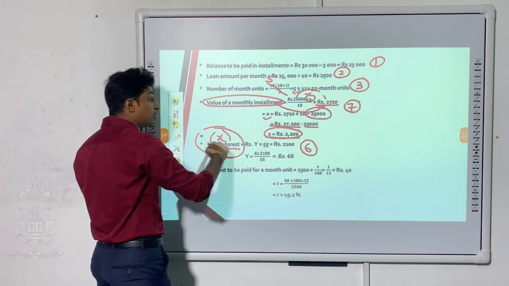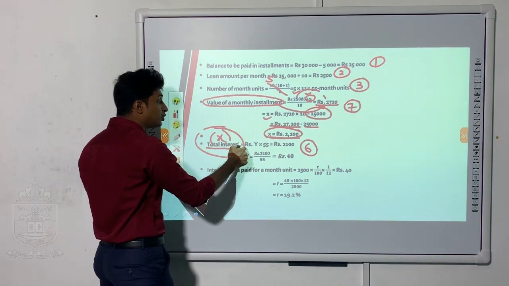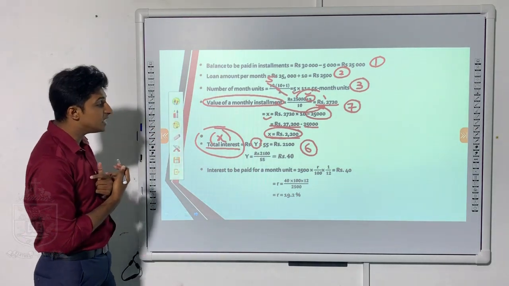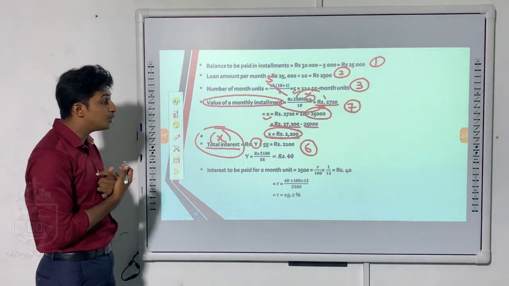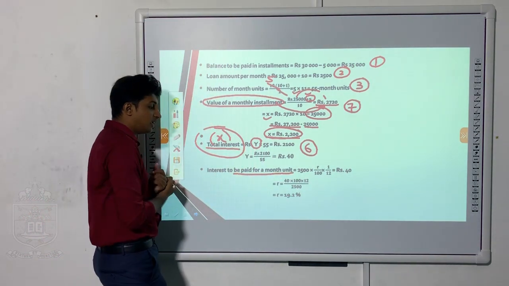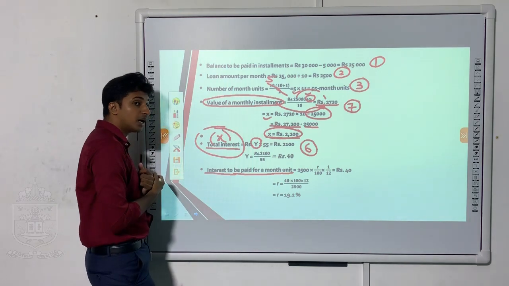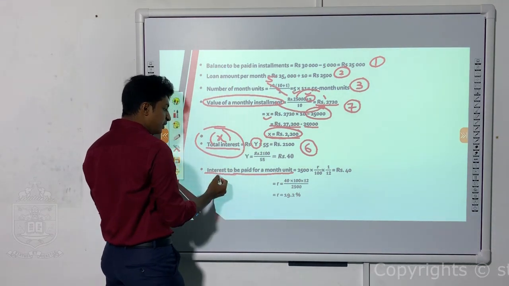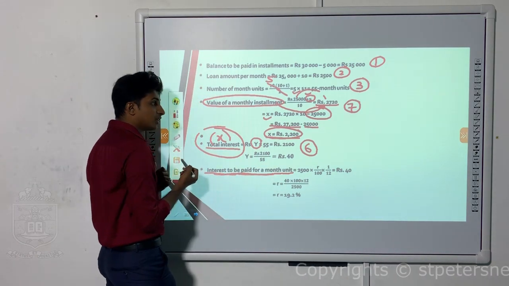So see, total interest I found as x is equal to rupees y. This y is what? This y is the amount that you are going to pay for a month unit, right? Interest to be paid for a month unit, that is y. Look at the steps, then you will understand that this is the interest to be paid for a month unit.